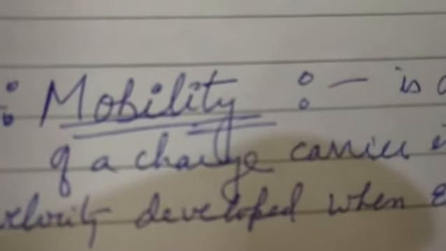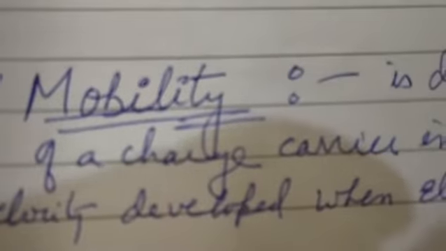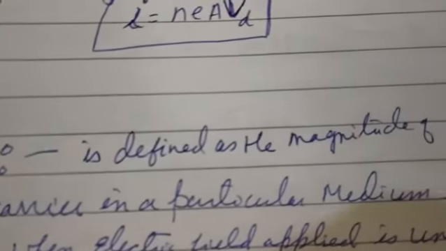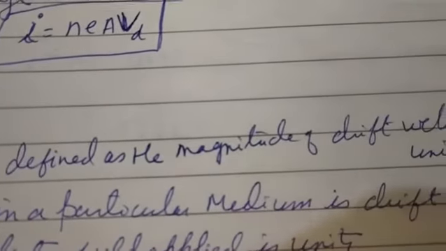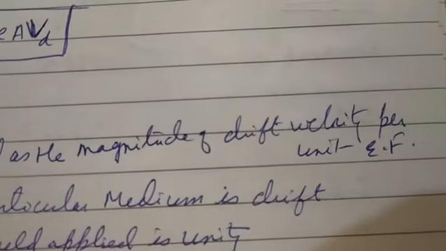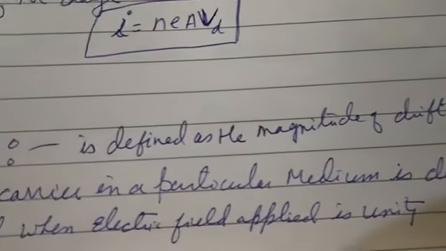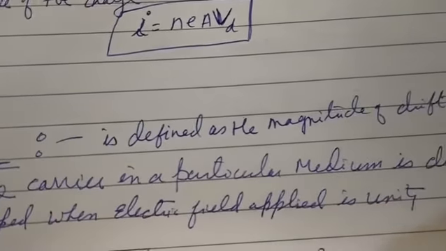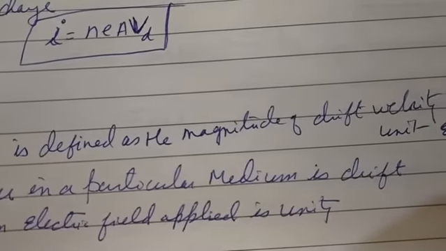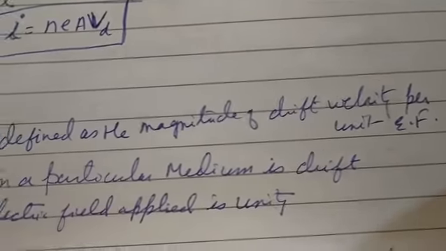Now next is mobility. So what is mobility? Mobility is defined as the magnitude of drift velocity per unit electric field.